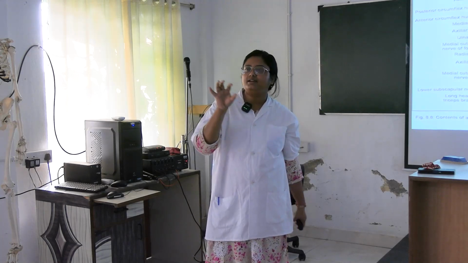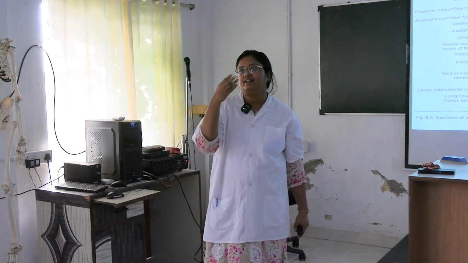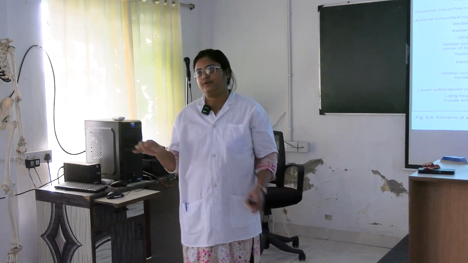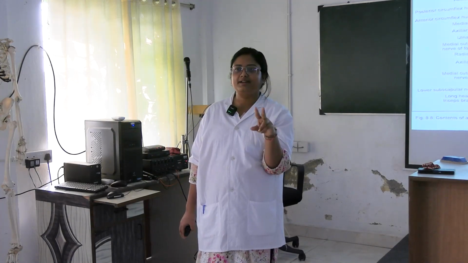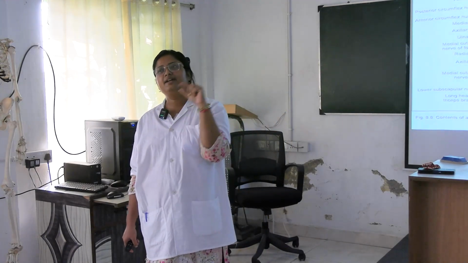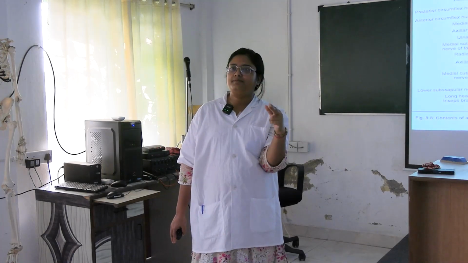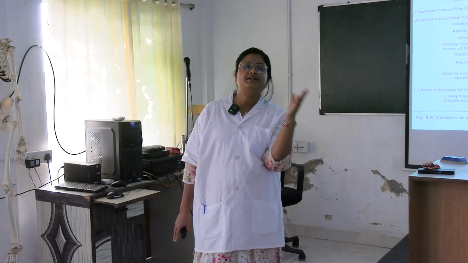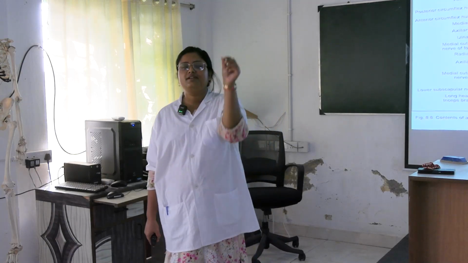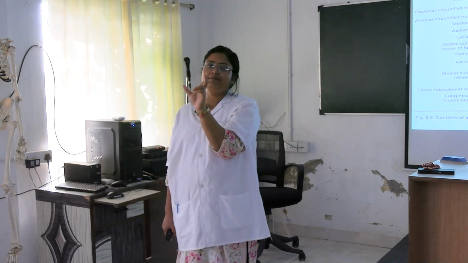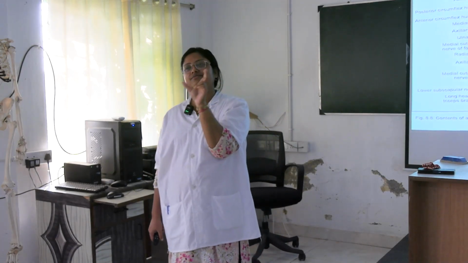So we have three cords, medial cord, lateral cord and posterior cord. From the lateral cord there are three branches, LML: lateral pectoral nerve, M is the musculocutaneous nerve and lateral root of median nerve. From the medial cord there are 5 branches.